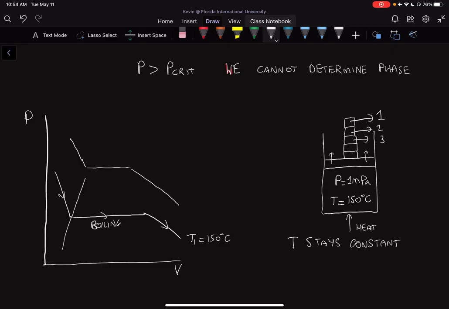And we're going to be able to draw another region like this with our saturated mixed region in the middle, our compressed liquid on the left, so compressed liquid is all here, and our superheated vapor on the right.